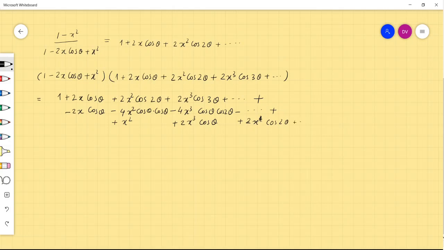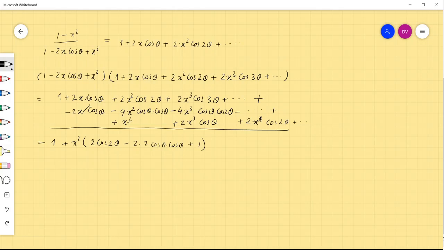So what is the sum of all these terms? The first term will be 1 itself. The second term gets cancelled. The third term will be plus x² times, when you take x² from these three terms, the remaining will be 2 cos 2θ − 2 times 2 cos θ cos θ + 1.